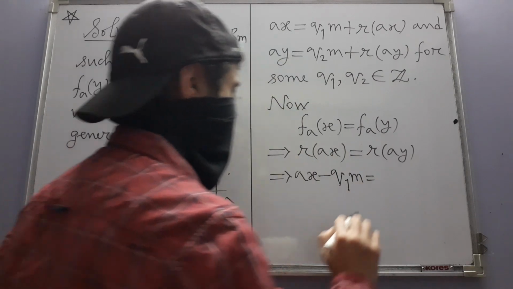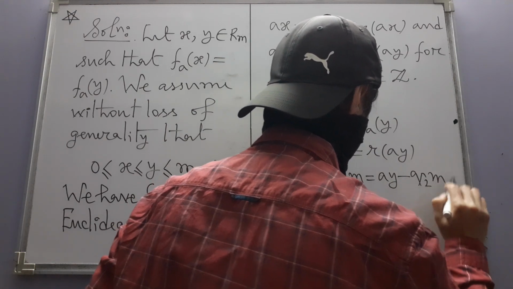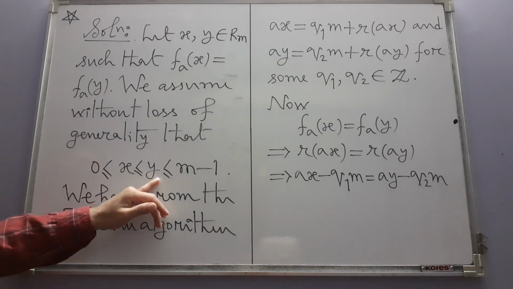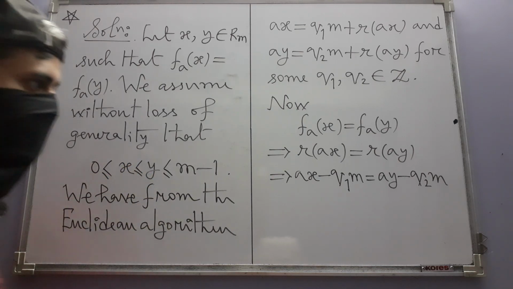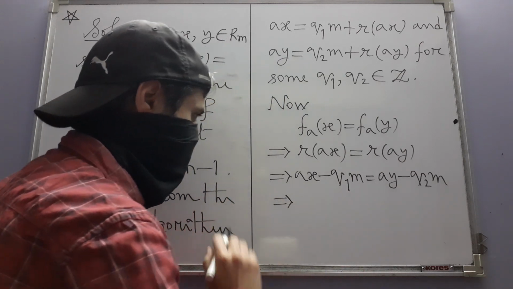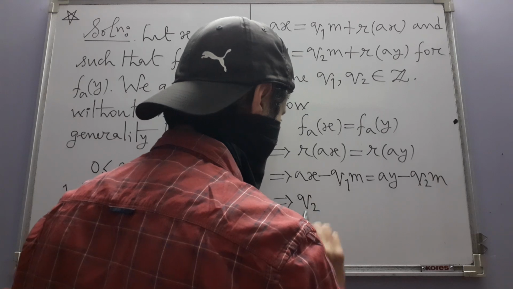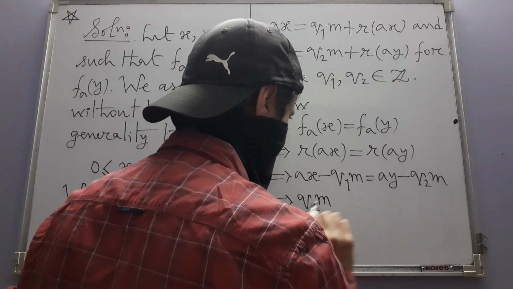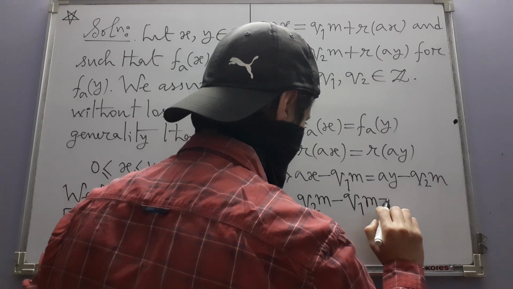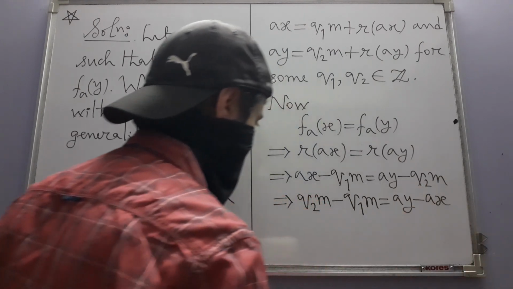Similarly, R of ay is ay minus q2 of m. Okay. Now we have assumed that y is at least x. So let me just rearrange things, and I am going to get this q2m minus q1m is equal to ay minus ax.